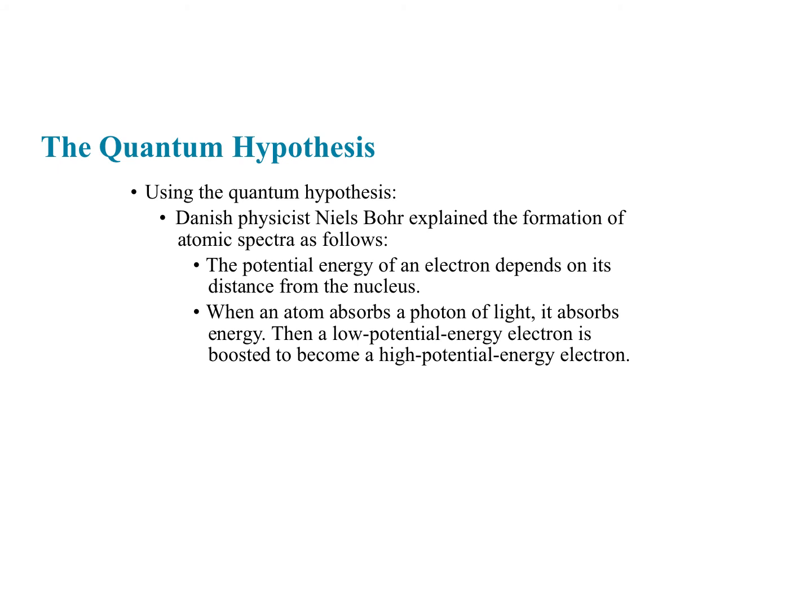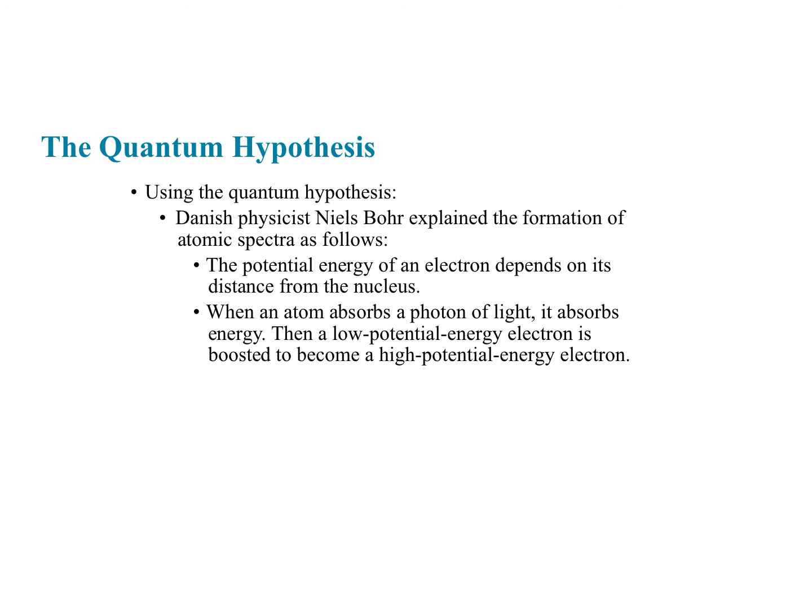The next topic we're going to talk about is the so-called quantum hypothesis that was proposed by the Danish physicist Niels Bohr. And he explained how these atomic spectra form, and it's basically just what we said. The electrons get promoted into higher energy states, and they jump to a higher shell, and when they fall back, they emit light.